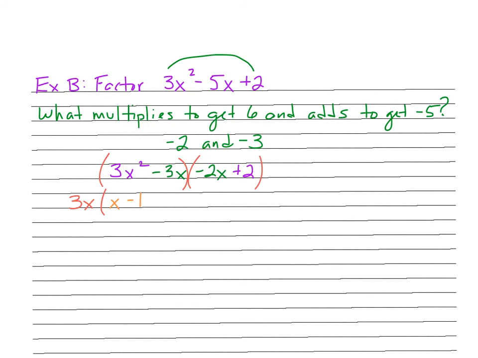And then -2, and then x minus 1. So we have 3x minus 2 and x minus 1. Exactly. So our answer is 3x minus 2 times x minus 1.